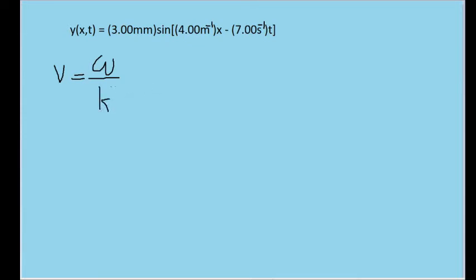Plugging in the obvious values, we get an answer of 1.75 meters per second, using 7 inverse seconds for the angular frequency and 4 inverse meters for the angular wave number. And that will get us the correct answer.